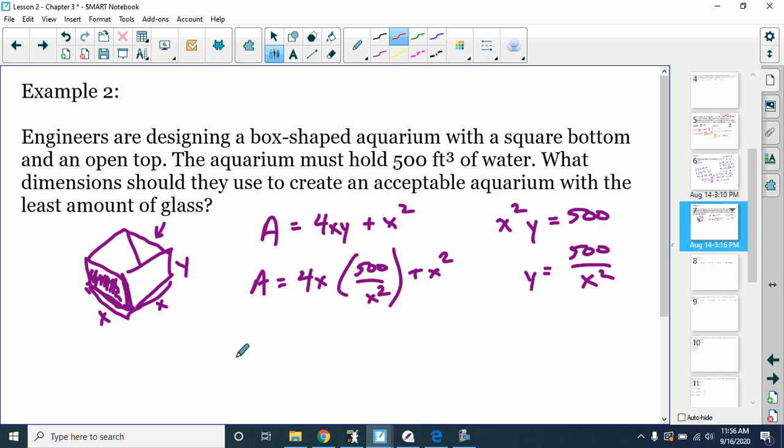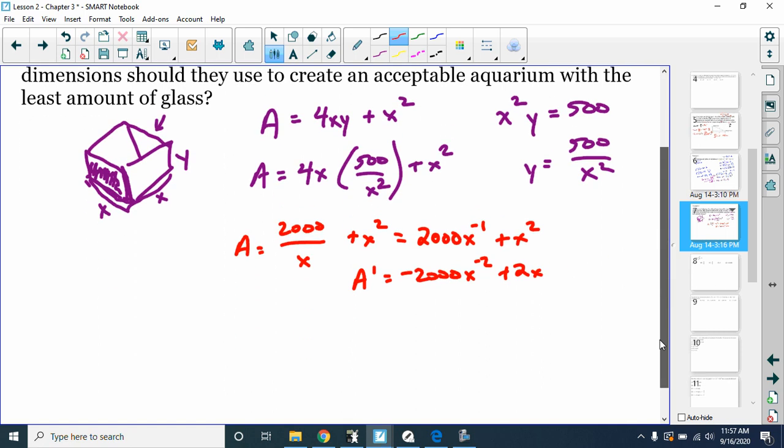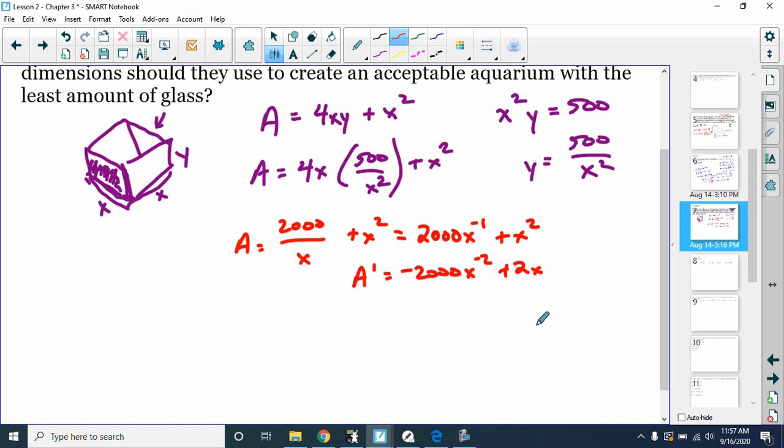If I multiply here, I get area equals 2,000 x divided by x squared. I want to take the derivative of that, so I'm going to rewrite it as 2,000x to the negative first. Take the derivative, set the derivative equal to 0.